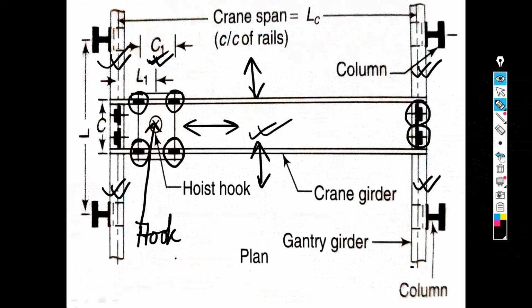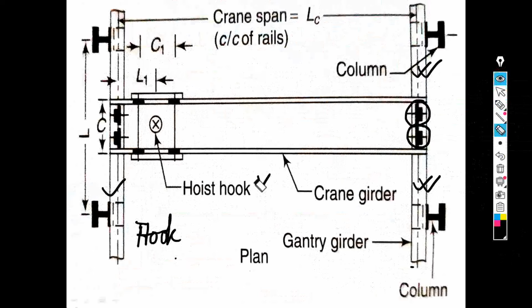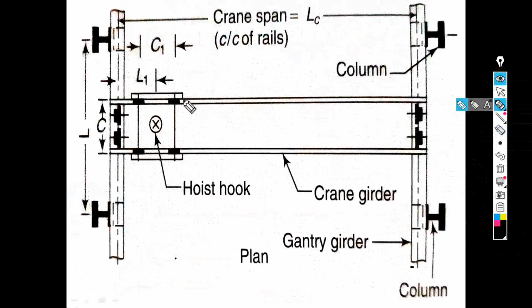Please try to get yourself comfortable with this whole assembly and the location of each of the parts of the assembly. If someone asks you what this hook approach is, as I have told you, it is L1, which is the distance between the position of the hook and the center of the gantry girder.